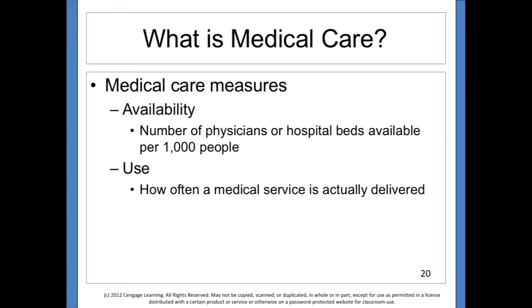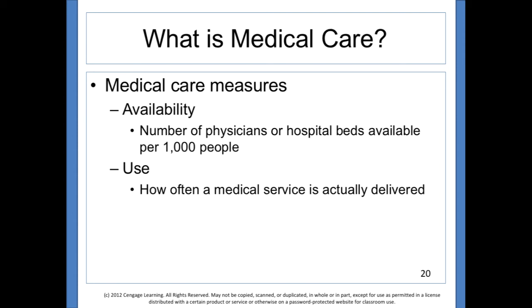So what are we going to do then? What are the solutions here? The solutions in health economics: there are two ways basically to quantify and measure medical care services.